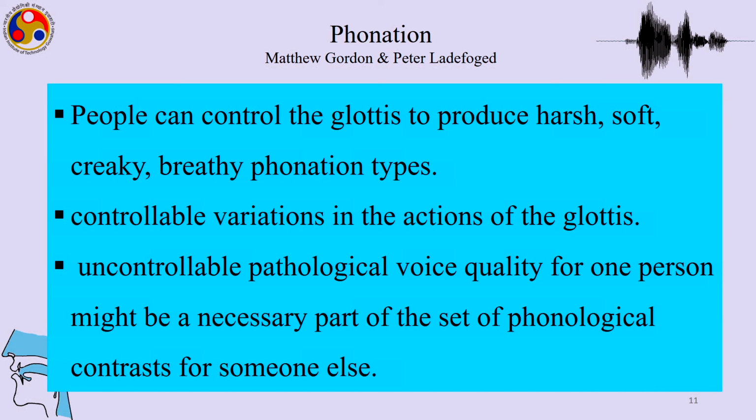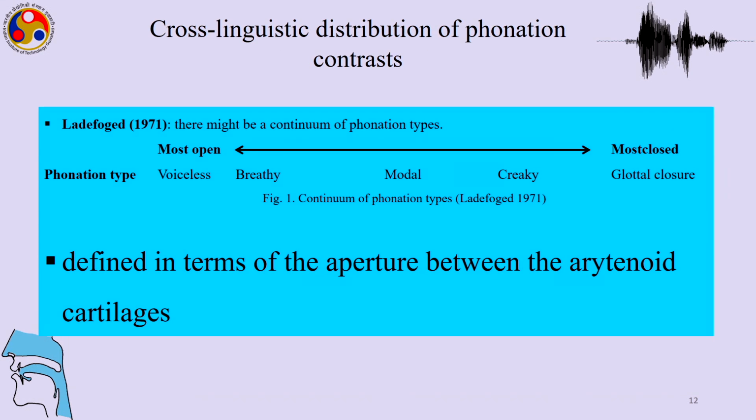However, there can be some uncontrollable pathological voice quality, and what is pathological voice quality for one person actually could be a phonological contrast in some other languages. So, this is the cross-linguistic distribution of phonation contrast that you see in front of you.